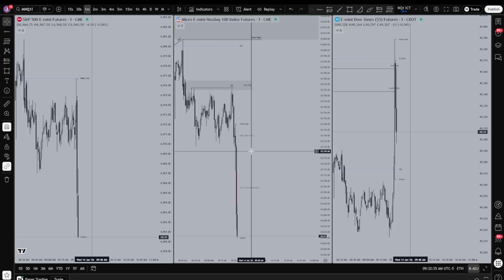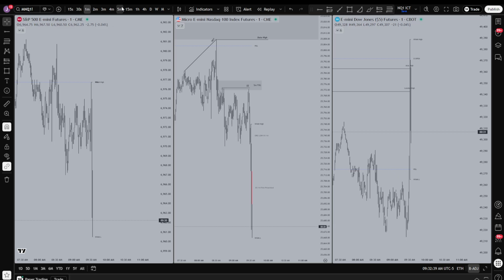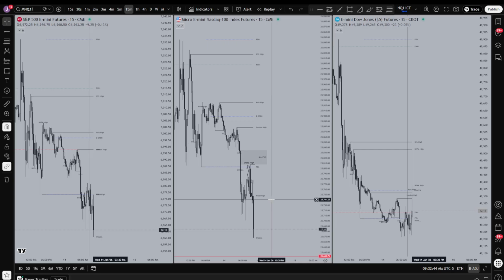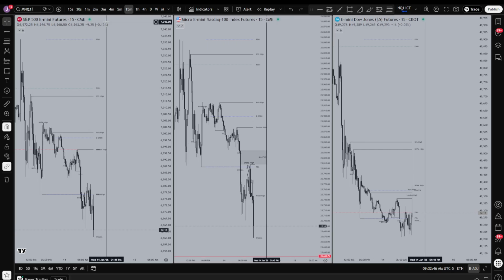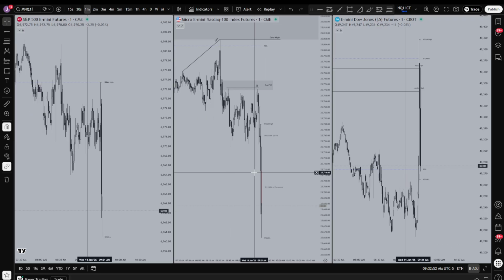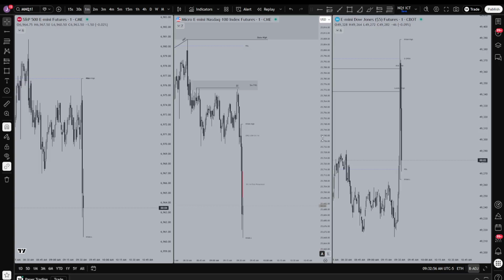I'm losing the plot. Wow, YM is fully coming back down now. ES invalidated the SMT at the lows. I want to see if this gap can at least protect me here. Yeah, this is first presented right here.